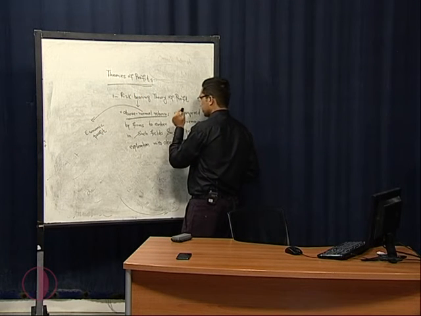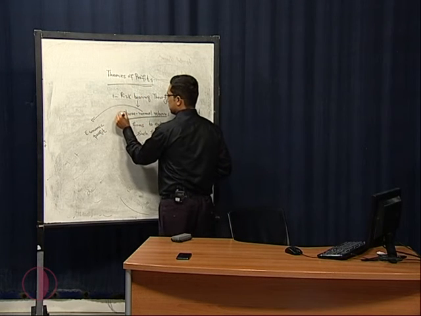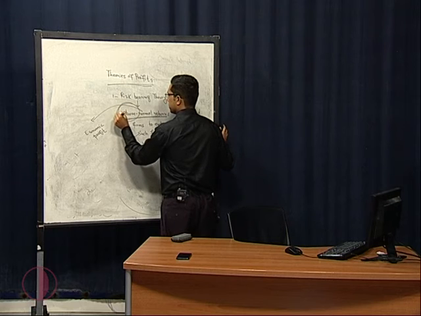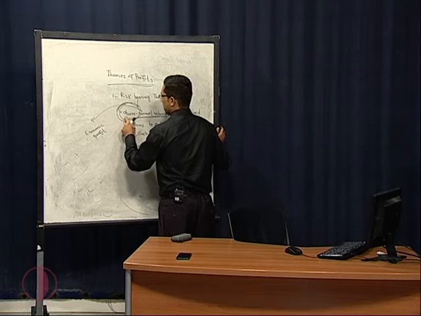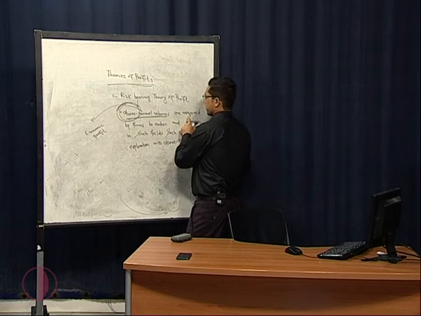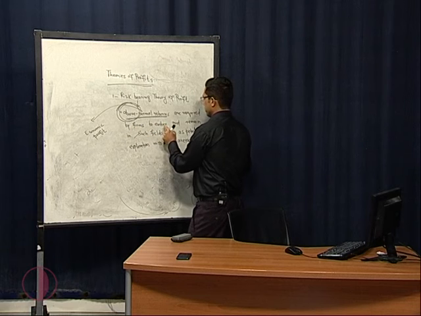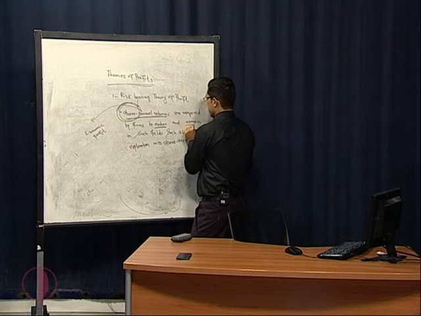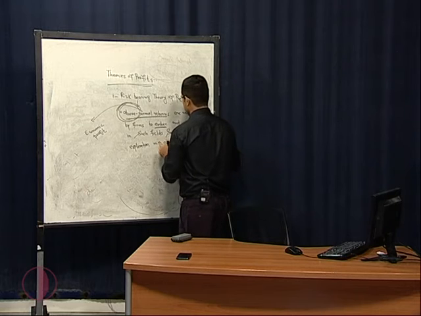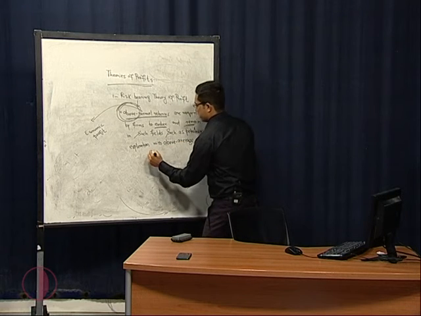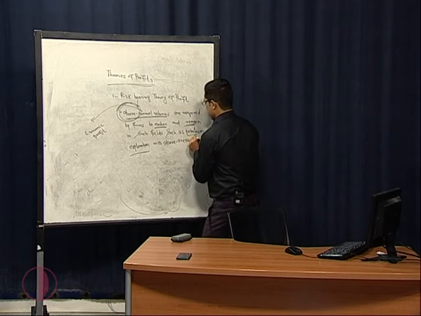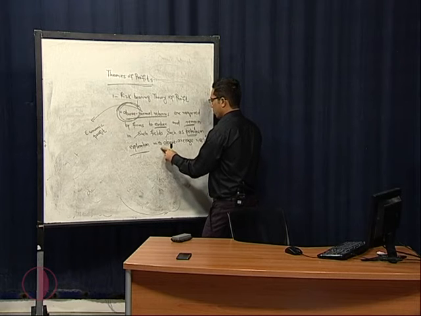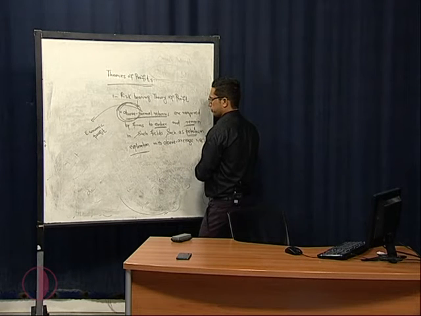So, above normal, look into this word. Above normal returns are required by firms to enter and remain in such fields such as petroleum exploration. For example, if we focus on this industry with above average risk.